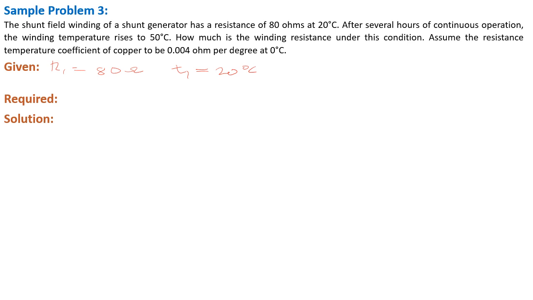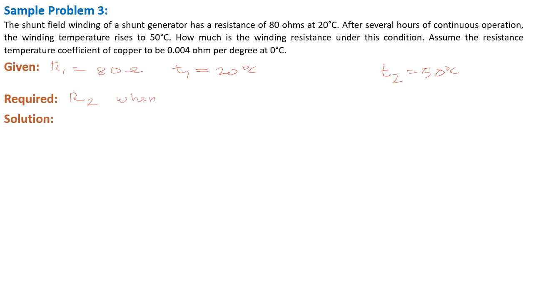So after several hours of operation, the winding temperature rises to 50 degrees Celsius. So that could be our T2, okay? Our T2 is equal to 50 degrees Celsius. Okay? So how much is the winding resistance under this condition? What is asked here is we are asked to solve for R2. How much winding resistance?